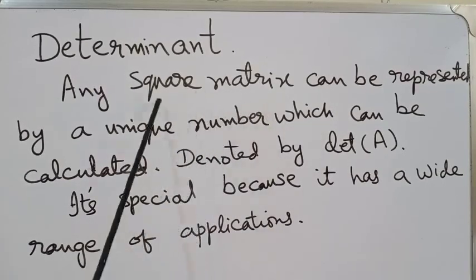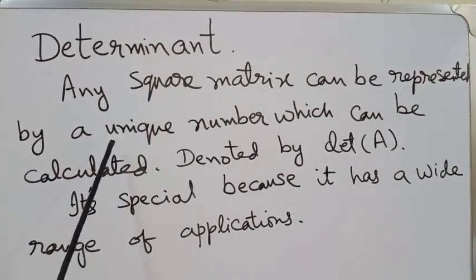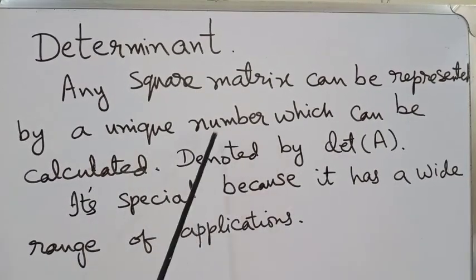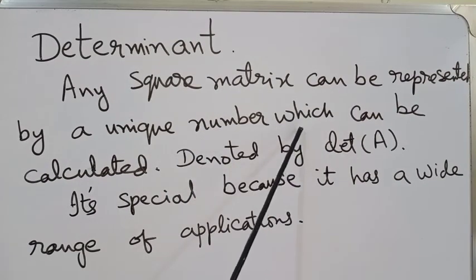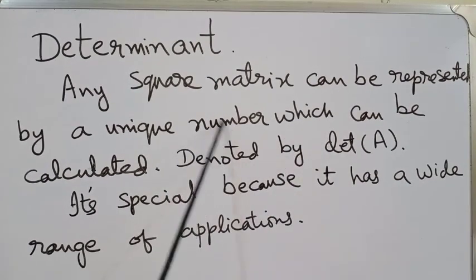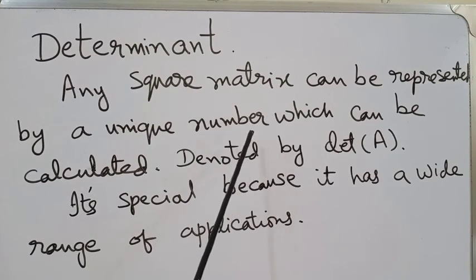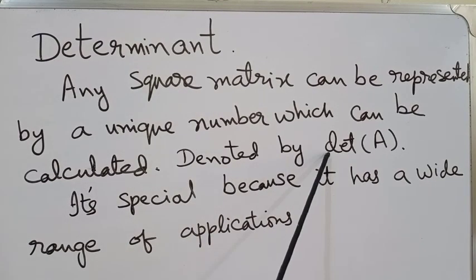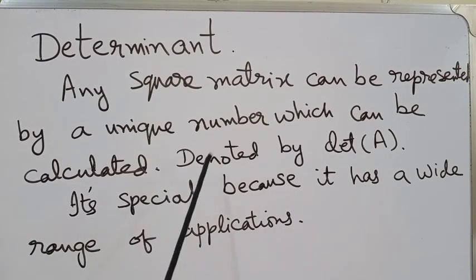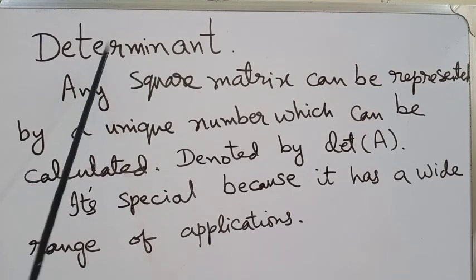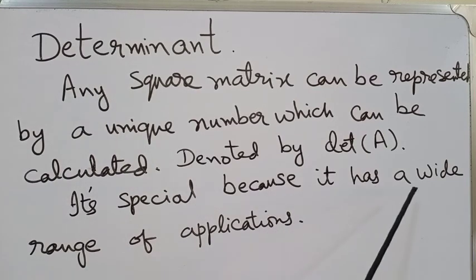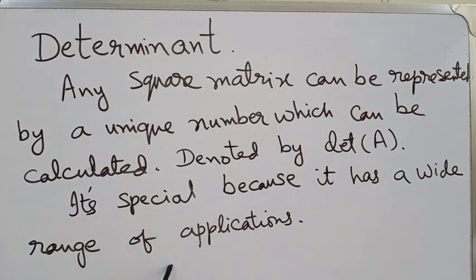It means a square matrix can be represented by one number, and this number we calculate after some process of this square matrix, denoted by det of A. It's special because it has a wide range of applications.